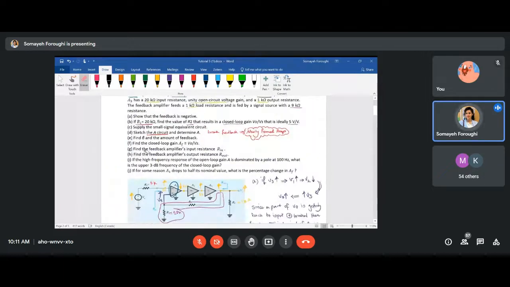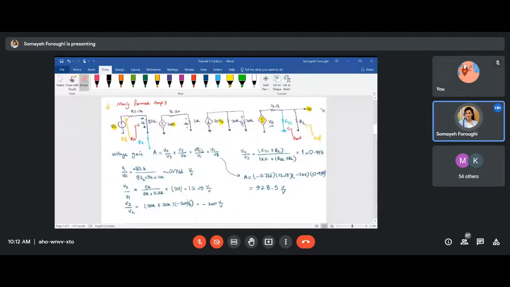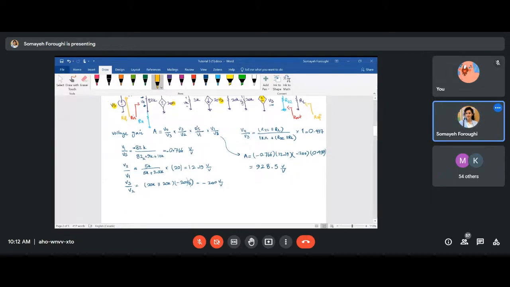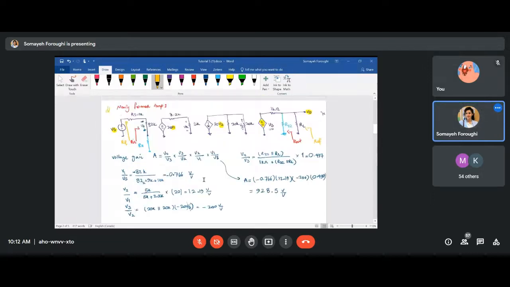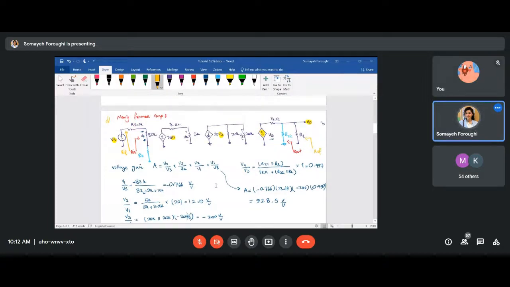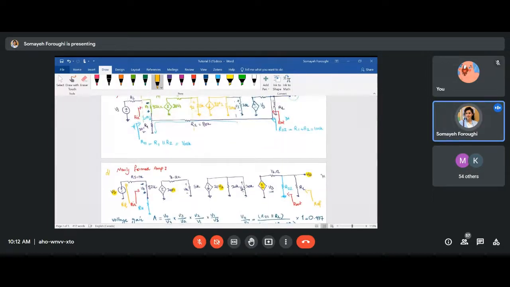Part E says find beta and the amount of feedback. From this given new amplifier, I need to work on finding beta and also the feedback. Remember, beta is always related to the feedback loop. So you can look at here one more time for finding beta.